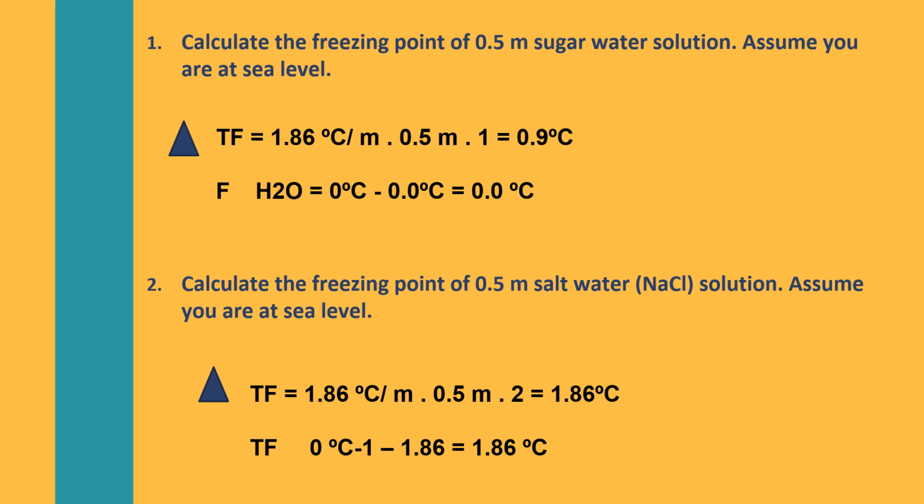We must first calculate the change in the freezing point. So we take 1.86 degrees Celsius per molality, times the molality of the solution, which is 0.5, times the van't Hoff factor. If you put salt in water, it's going to dissociate into sodium ions and chloride ions, so two different particles.